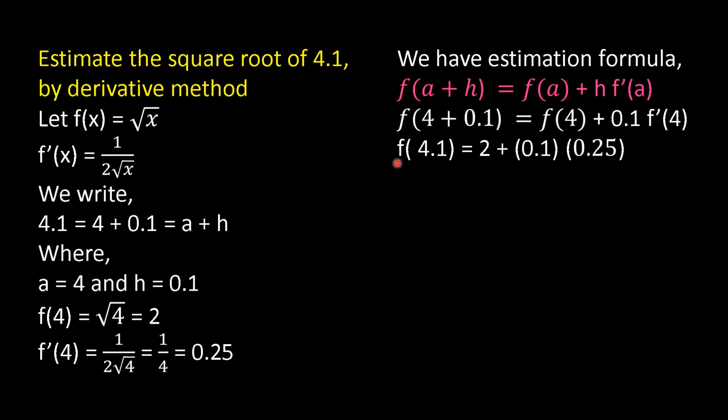It will be f of 4.1 equals 2, which is f(4), plus 0.1, which is h, multiplied by f dash 4, which is 0.25.